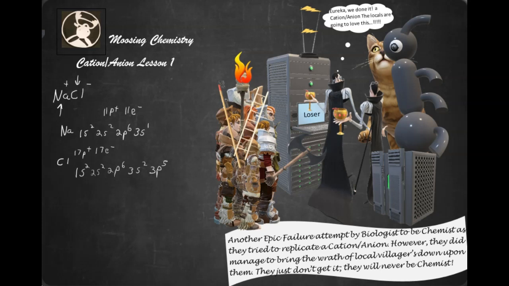Now, each element wants to make an octet. What's an octet? Well, an octet is where an element has 8 valence electrons in its outer shell. But look here, in the valence shell of sodium, you have only 1 electron.